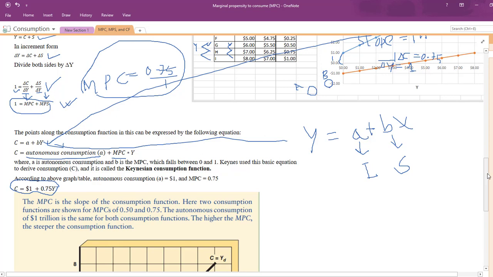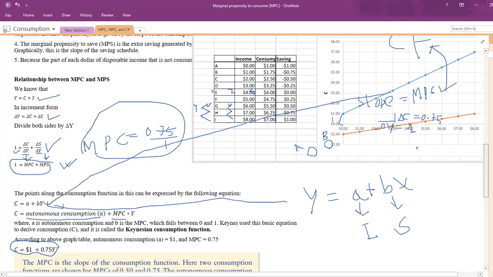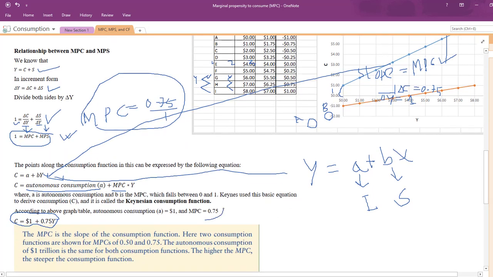In this data, MPC is equal to 0.75, which means when income increases by 100, consumption increases by 75.